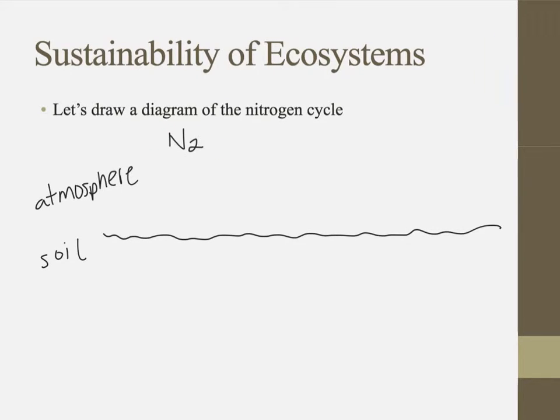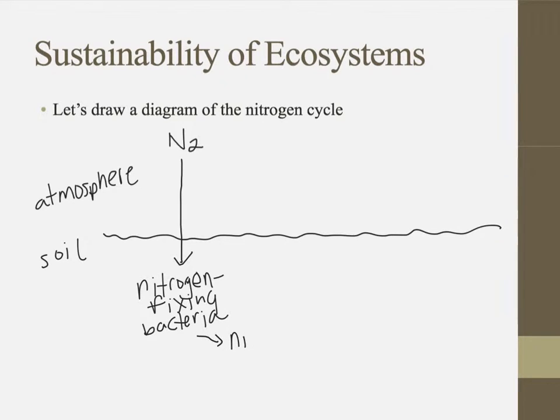So we rely on a bacterium found in the soil, and this is what we call nitrogen fixing bacteria. And what they're going to do is take this nitrogen and fix it, which means that they're going to convert it into nitrates.